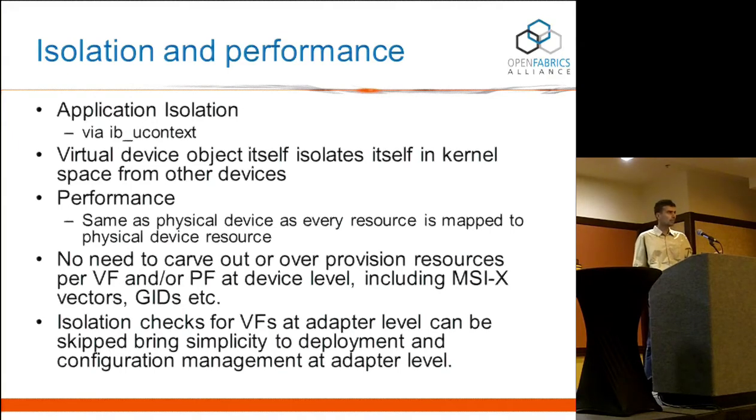So if it is a user space application, it would fall through the cgroup, and the cgroup would control whether this resource can be created or not. And if it is a kernel space consumer, then it would just follow the provisioning model of the virtual device. And they both are orthogonal, so the containers can still use the virtual device even from the user space application. There's no bar to it.